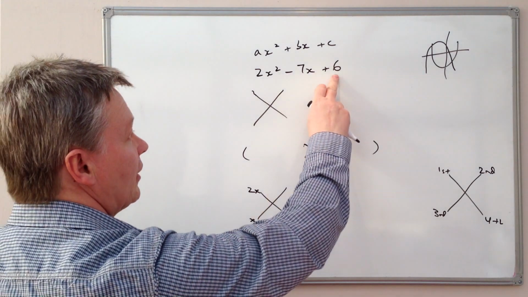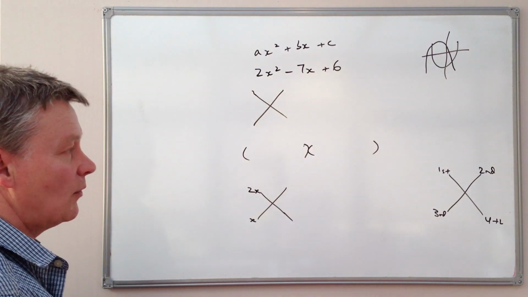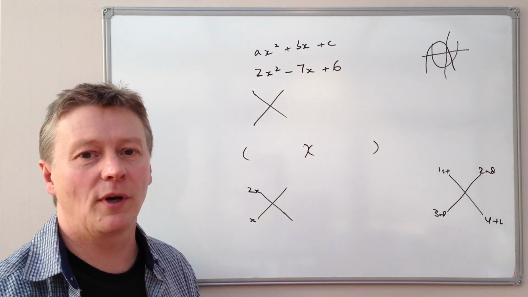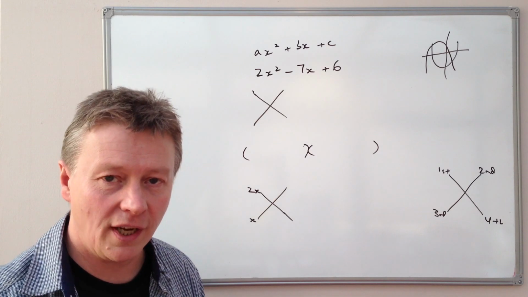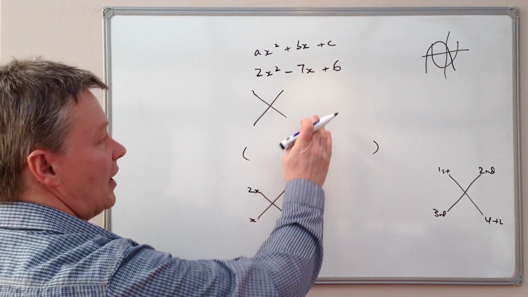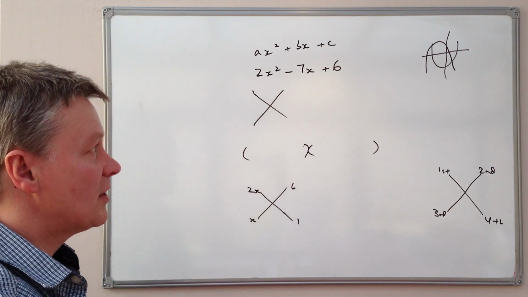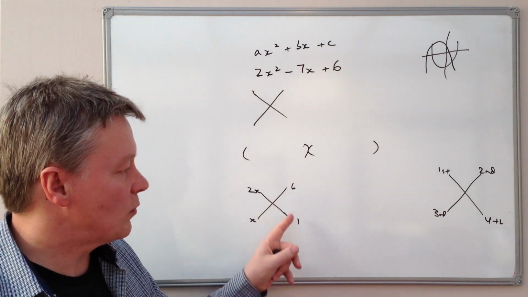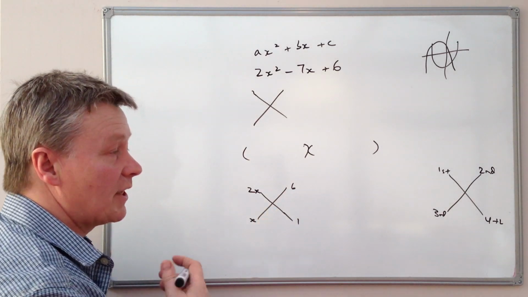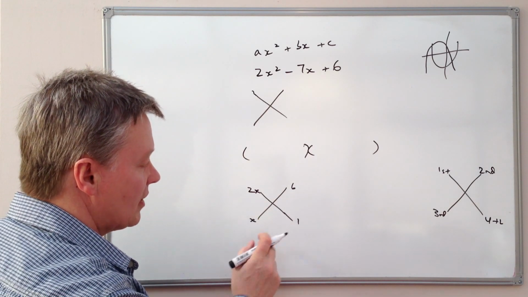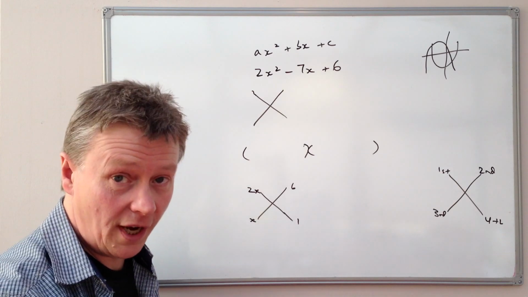And if I look at that positive 6, well, there's a couple of ways I can create that, and I'm going to look at, say, 6 times 1. Okay, so if it's 6 times 1, I can still create 6, but what I do now is I look along these lines and I multiply them together.